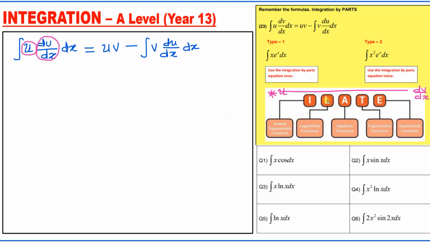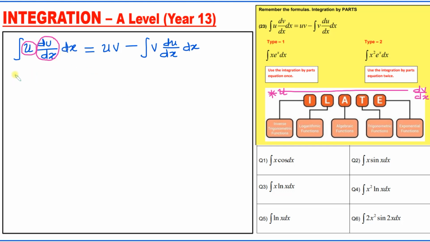For example, L and A, a logarithm function and an algebraic function combined together: L becomes u, A becomes dv by dx. Let's say it is an algebraic function and an exponential function: the exponential function, being nearer to the right, becomes dv by dx and the algebraic function becomes u. So let's do the question and show you how to do this.